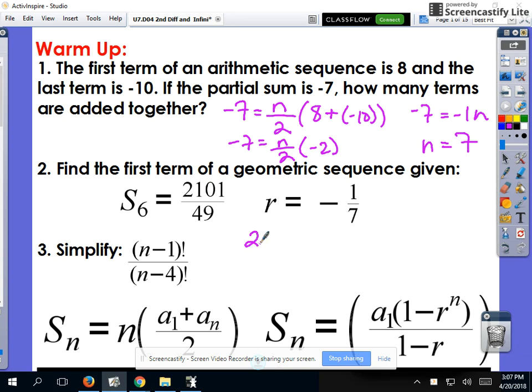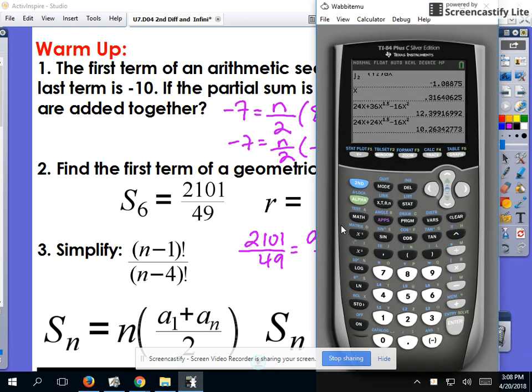It ends up being 2101 over 49 equals a sub 1, which I'm going to pull out, times 1 minus -1/7 to the 6th, right? Yes, 6th, over 1 minus -1/7. So let's just double check. Maybe it isn't 49. We'll check it out and see what we get.